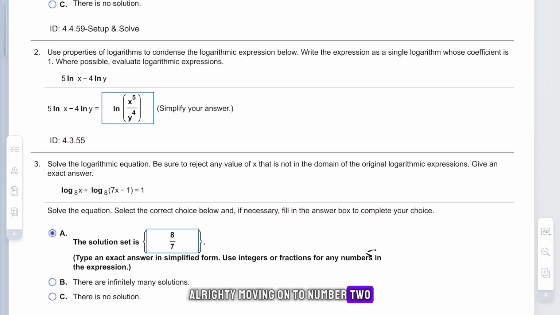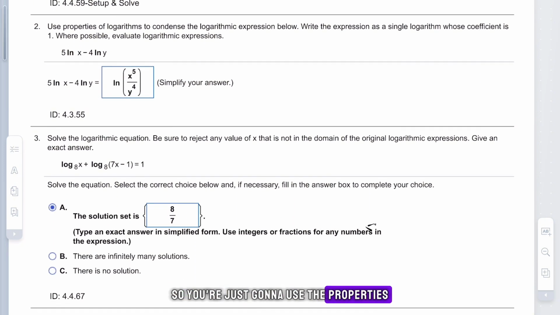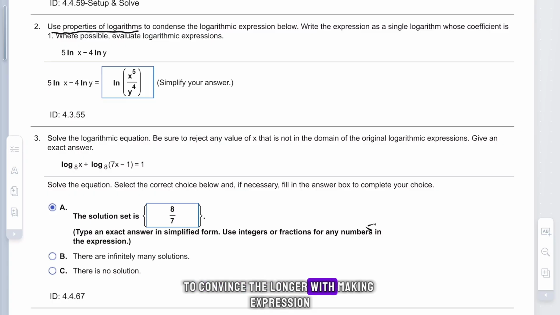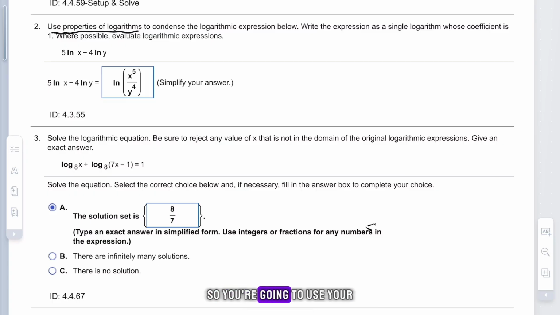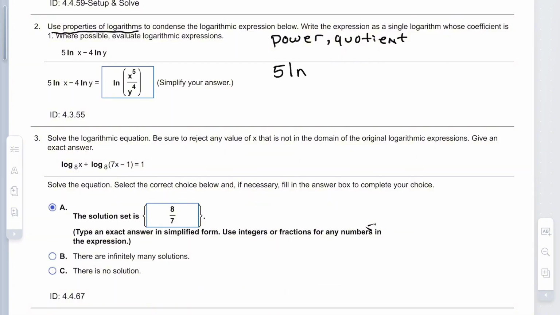Alrighty, moving on to number 2. So you're just going to use the properties of logarithms to condense the logarithmic expression. So you're going to use your power property and your quotient property. And then you're just going to divide.